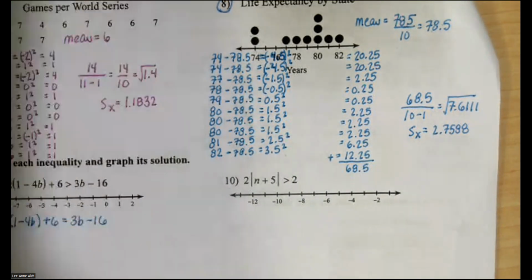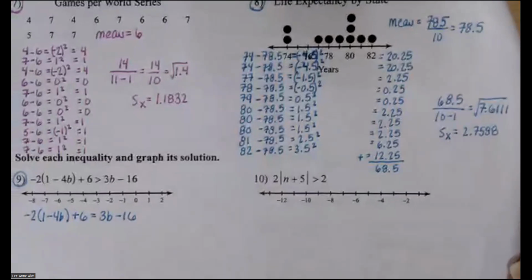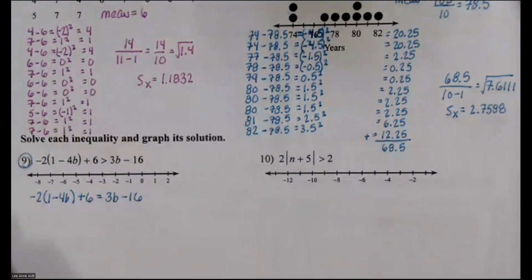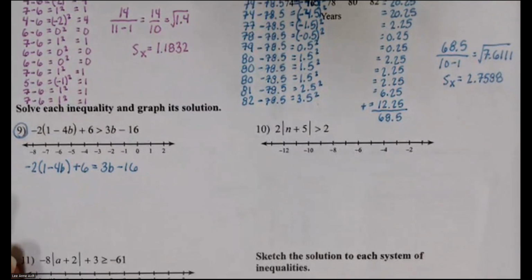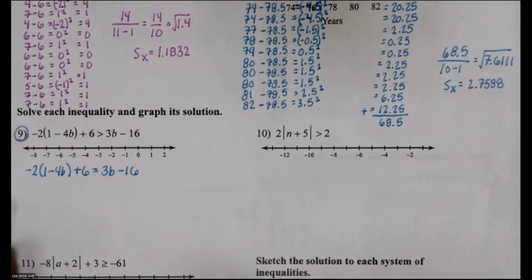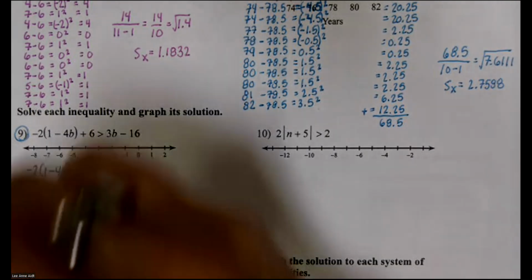Okay. Now let's move down to number 9. I wrote it for you already. Pretend that it's equals. All inequalities start the same way. Step 1, pretend it's equals. Okay, what do I do first in an equation like this? It starts with a D and ends with distribute. Distribute.